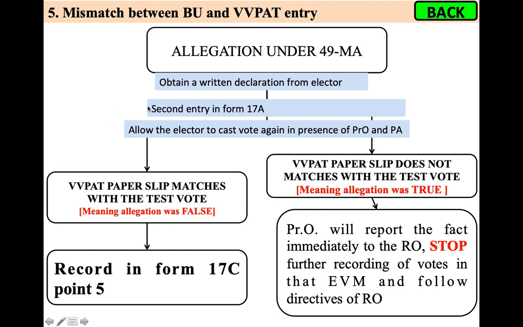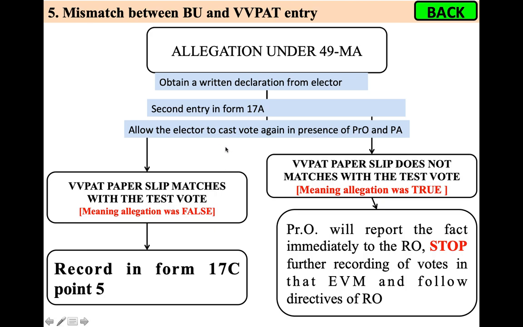Suppose an elector comes on that day and makes an allegation that there is a mismatch between the ballot unit and the VVPAT entry. Suppose the elector has cast his vote in favor of candidate A, but he or she noticed that the slip that was printed is of candidate B. In such a situation, what does the presiding officer do?